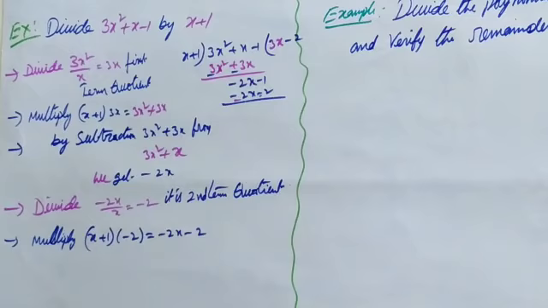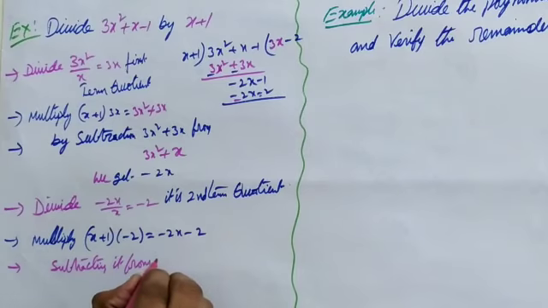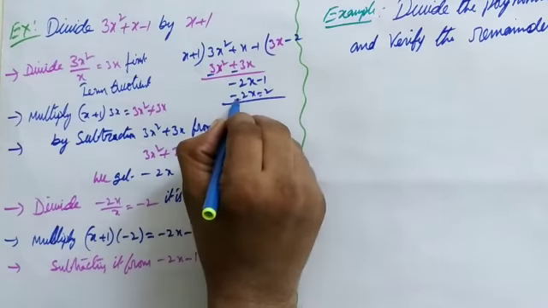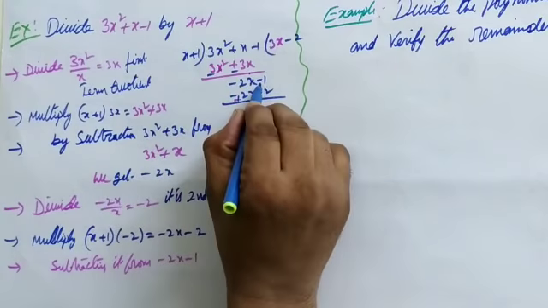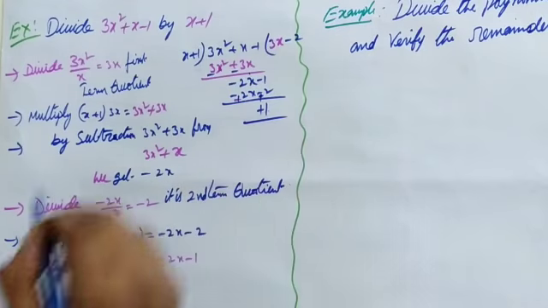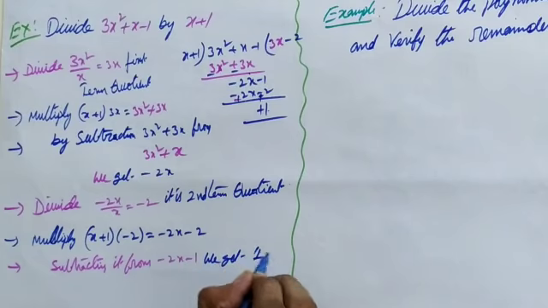Subtract it from minus 2x minus 1. The minus 2x terms cancel, and minus 1 plus 2 gives plus 1. This is the remainder.